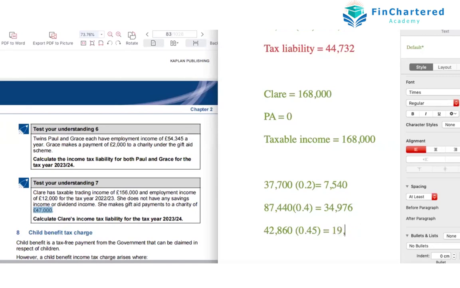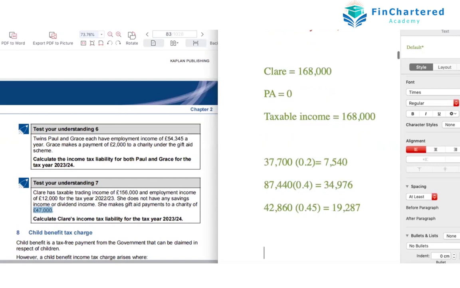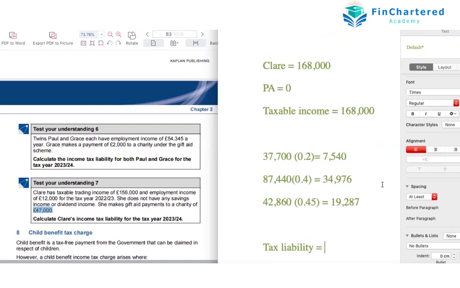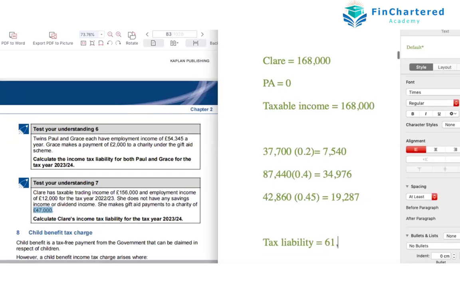Sorry, 19,287. So the tax liability would be how much? More than 50,000. How much? 61,800.